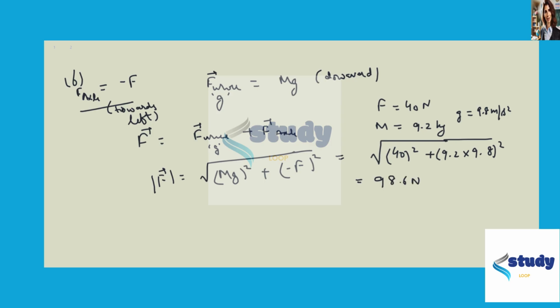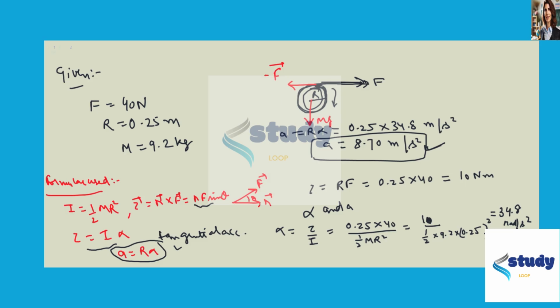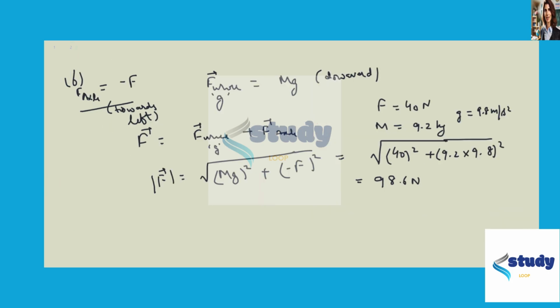Now we have to find the direction. One force is towards the left and the second force, the gravitational force, is downward, so the resultant force should be in this direction. But we need to find the angle with the x-axis. Tan phi, let's say phi is the angle, equals the force in the y direction over the force in the x direction.